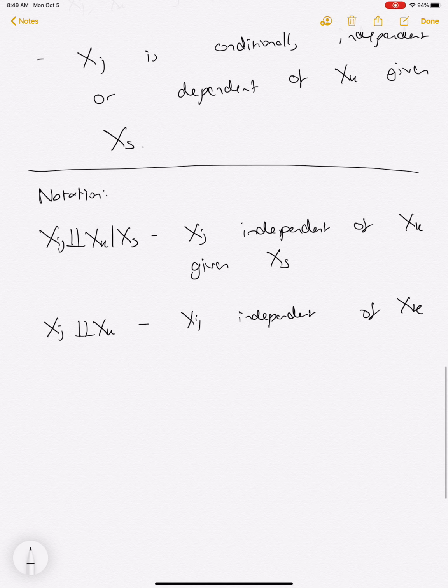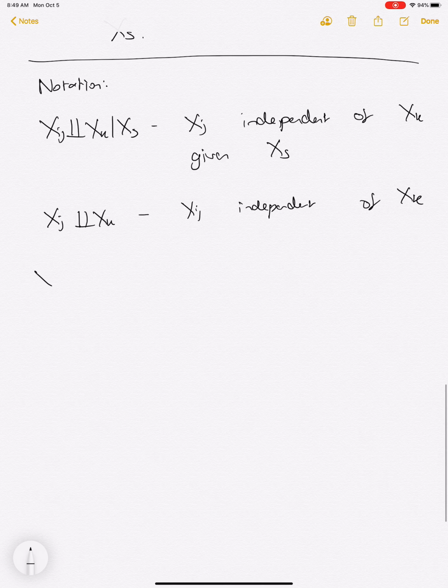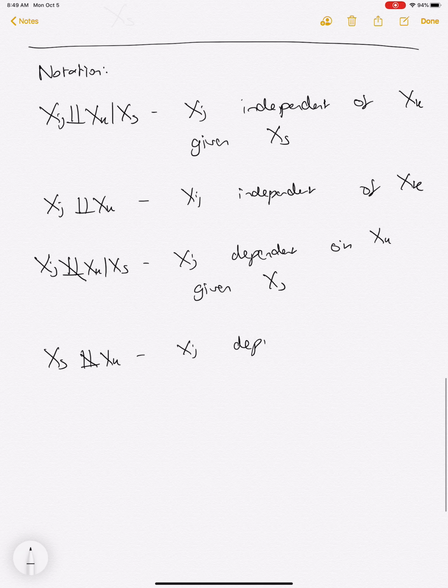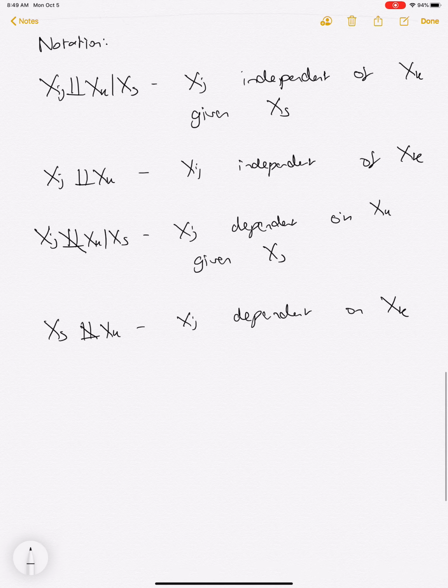So this is when you don't condition on anything. And then if we want to say the converse, we have exactly the same thing, but we put a slash through that Greek symbol there. So here we have xj is dependent on xk given xs. Or similarly, then we just have that xj is dependent on xk.